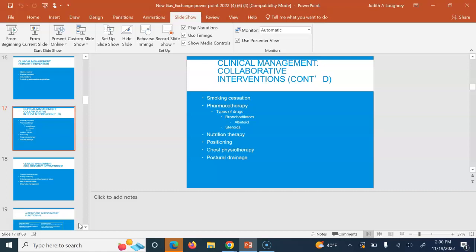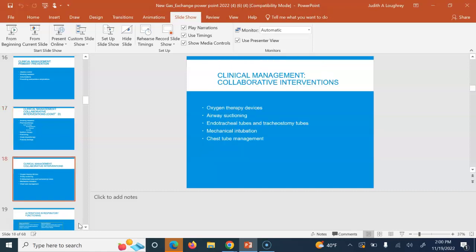Chest physiotherapy, which is essentially trying to loosen up the mucus and secretions, and you see that oftentimes used with people who have cystic fibrosis and with COPD. Postural drainage to help encourage drainage of the mucus. Other things that may be utilized are oxygen therapy devices, and you saw in your lab the different modes and methods of how that's given to patients, via mask, via nasal cannula, things like that.